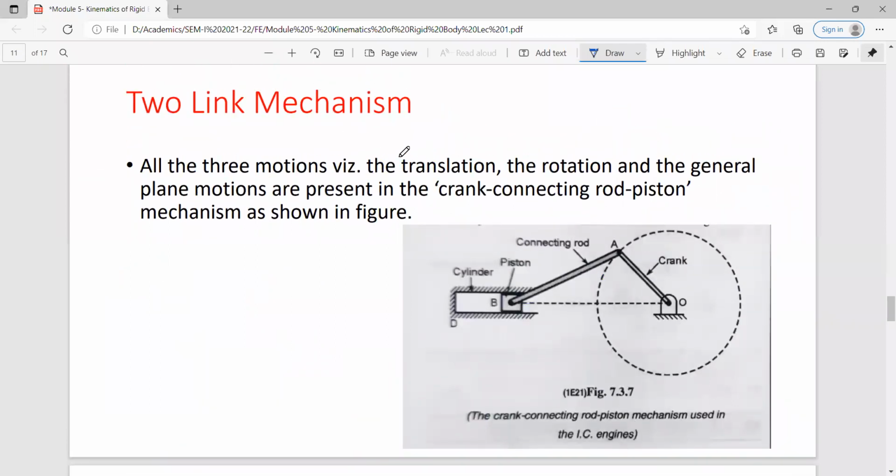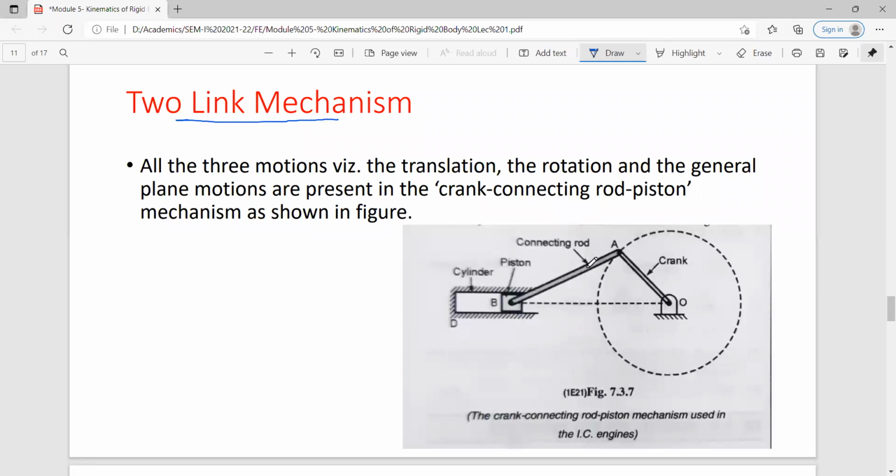So the next topic is your four-link mechanism. This particular mechanism which you are seeing here, you will find in the internal combustion engines which are used in bikes and four-wheelers.